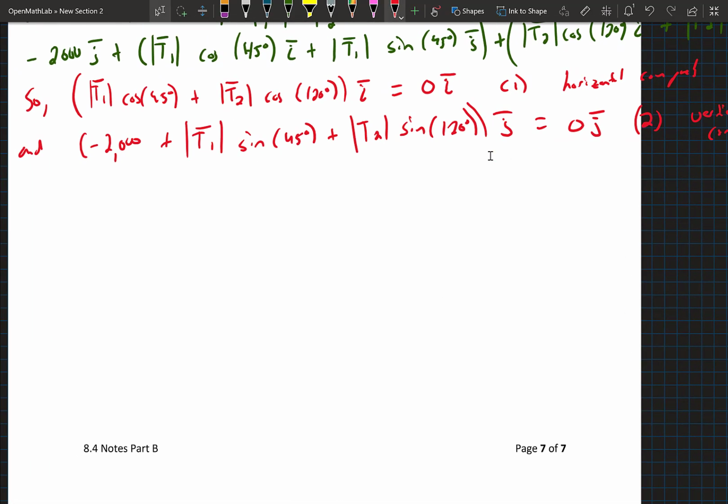So then if we simplify equation 1, cosine of 45 is radical 2 over 2, so we get radical 2 over 2 times the magnitude of vector T1 plus, and then the cosine of 120 degrees is negative 1/2.